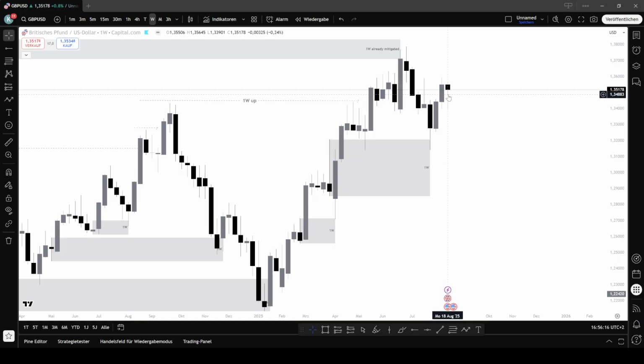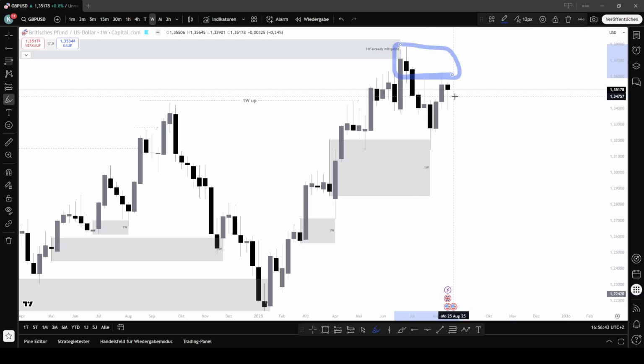So without complicating things, this is the only idea which I have for this week. I'm expecting price to sell in and fill back this imbalance. Obviously, price might not always fill the imbalance now, or this week price might continue to go up, because within this area we have a lot of liquidity which has been accumulating.